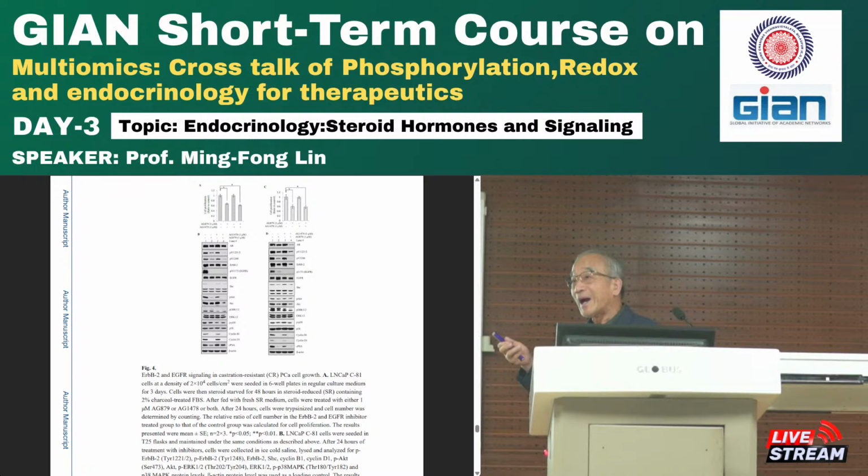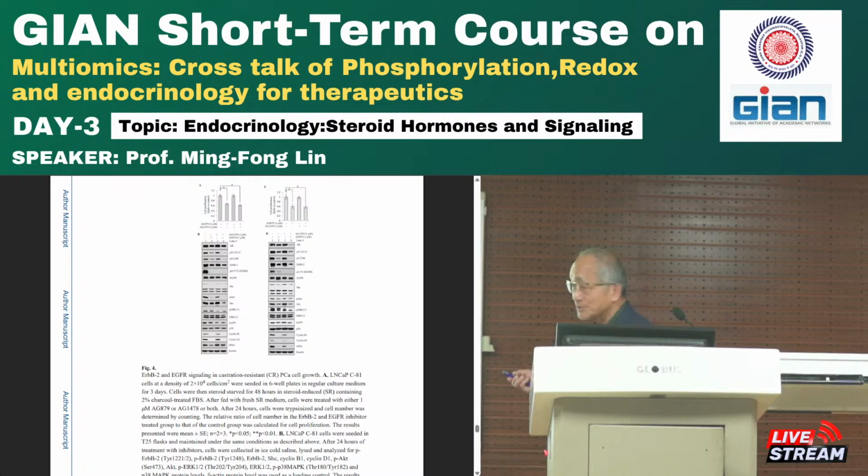If the EGFR inhibitor also had a function, 1 + 1 should give more than 1, right? But here 1 + 1 equals 1, indicating the EGFR inhibitor really has no function in this way. It's not involved in the androgen independent growth.